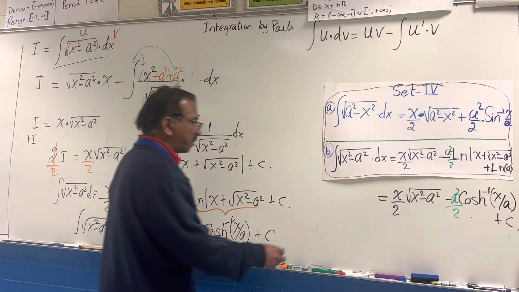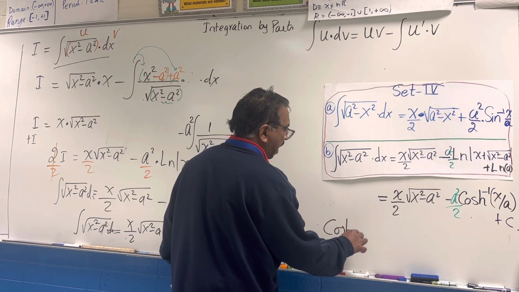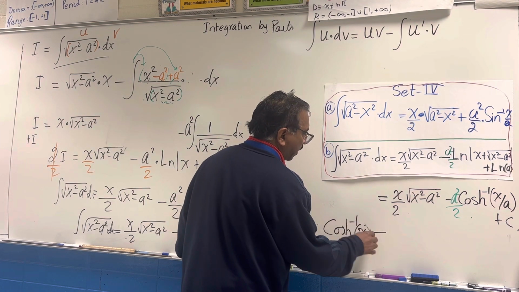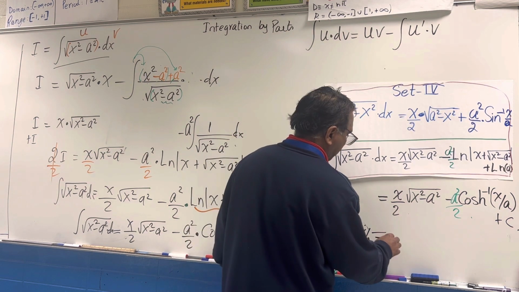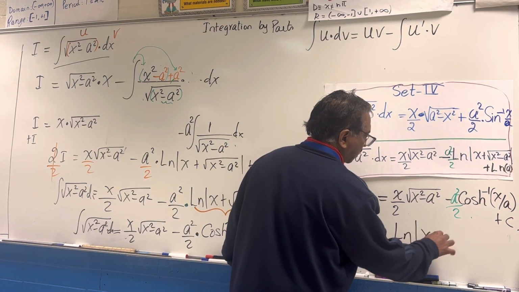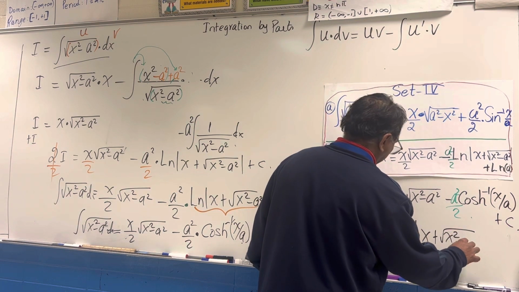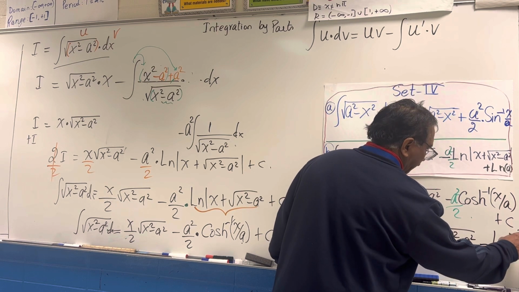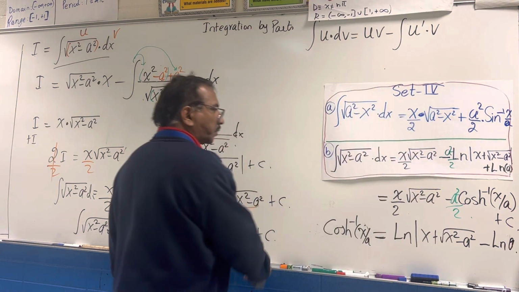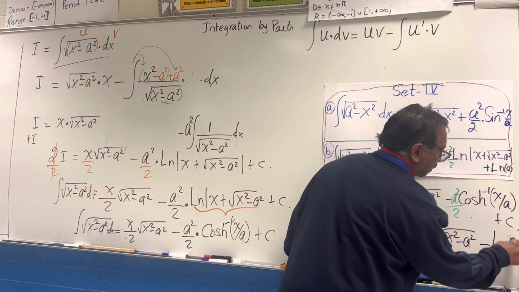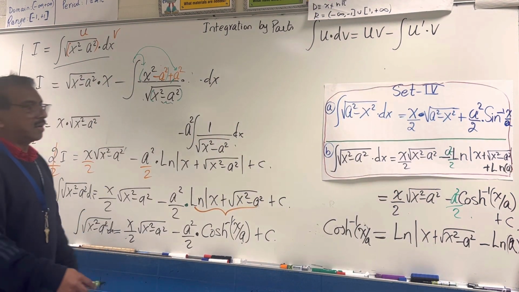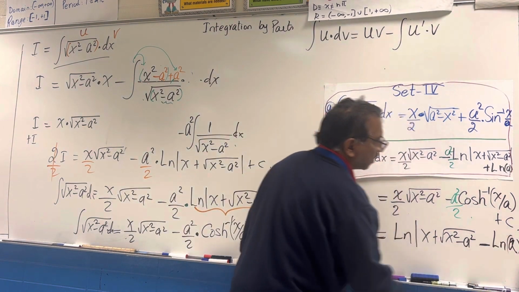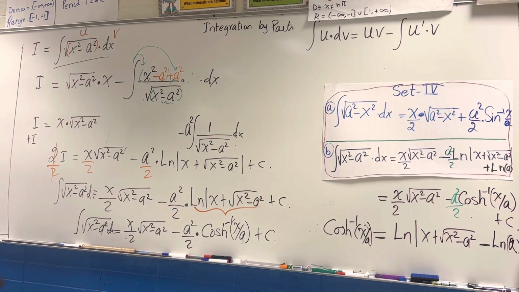And the right way is, remember, the hyperbolic cosine inverse of x by a is the same as ln of x plus root of x squared minus a squared, and then minus ln of a, because that's how the definition is. If I have an x by a, you have to subtract ln a, and there you go, done.